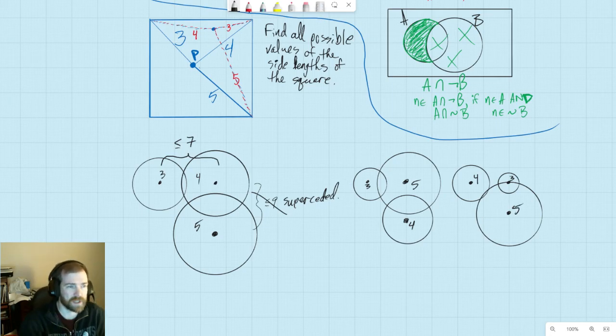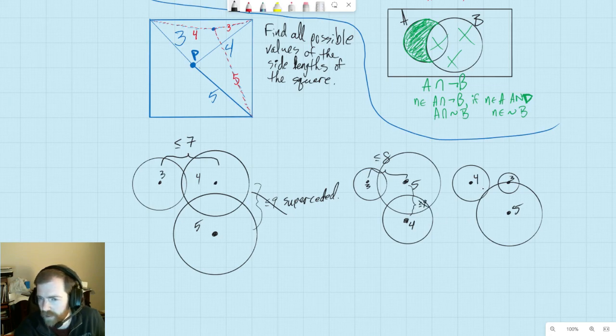So these are the three setups that we got. This one has a distance of 8 and a distance of 9. So again, this is distance of 8. Must be less than or equal to that. Again, here, less than or equal to 9 is just superseded. And here, less than or equal to 7, less than or equal to 8. So 8 is superseded.